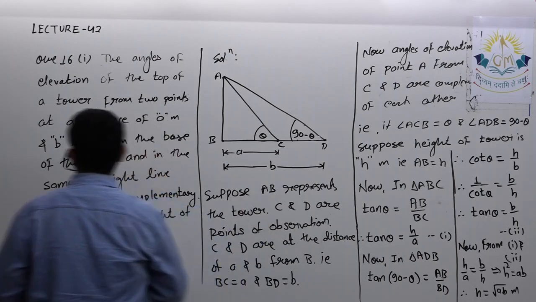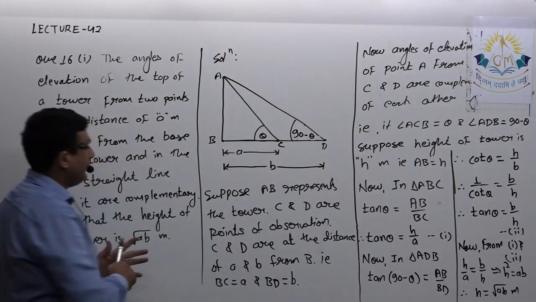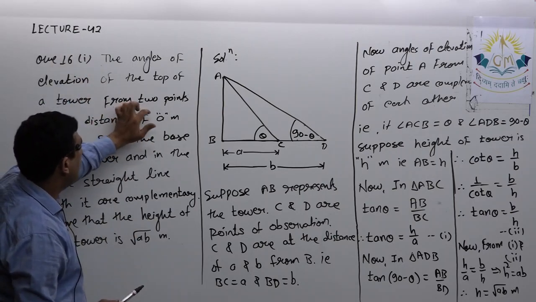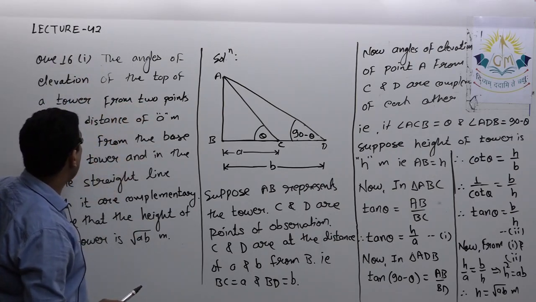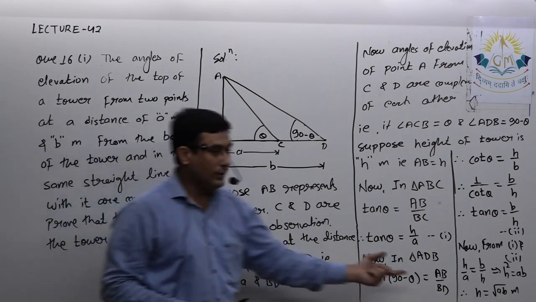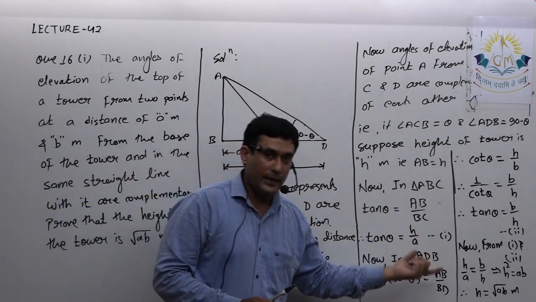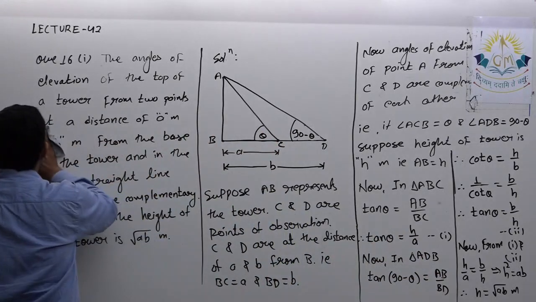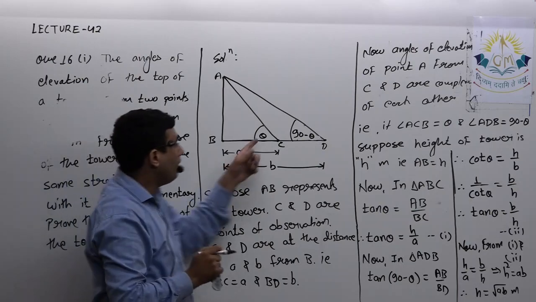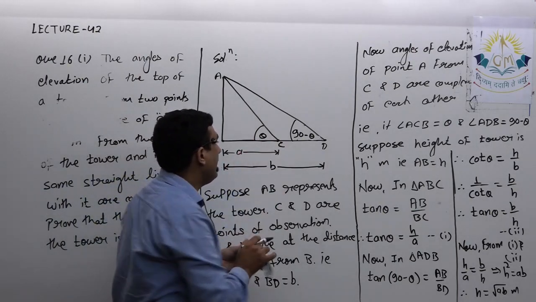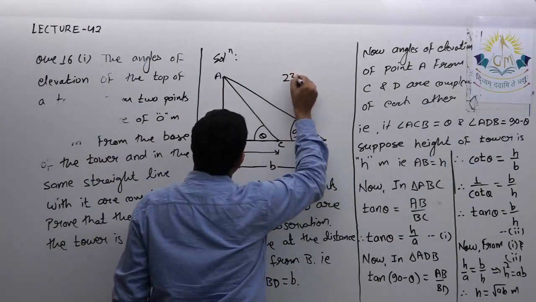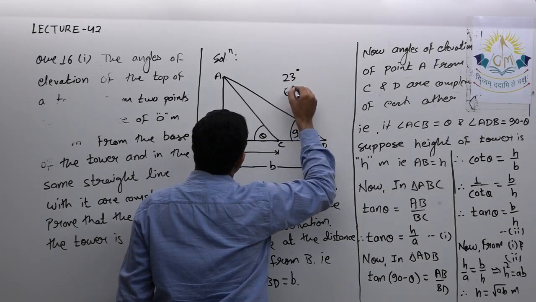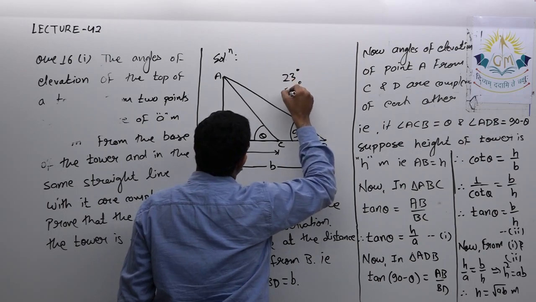So that question is based on this only. So remember this as a statement as well, because sometimes they directly give you, instead of A, might be A by 2 is given, here might be 2B is given, and they do ask you this. So when the distances are A and B, height of the tower is root AB. Also remember the angles must be complementary. Now instead of giving the angles as theta and 90 minus theta, they might give you that one angle is 23 degrees and another is 67 degrees.